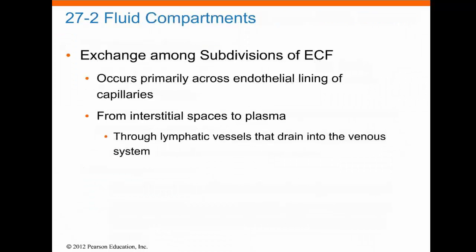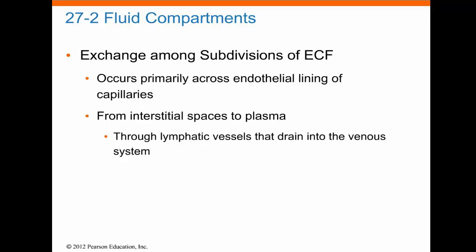There are exchanges that occur among divisions of the extracellular fluid, and that occurs primarily through the endothelial lining of capillaries, from the interstitial spaces to plasma, and through the lymphatic vessels that drain into the venous system.